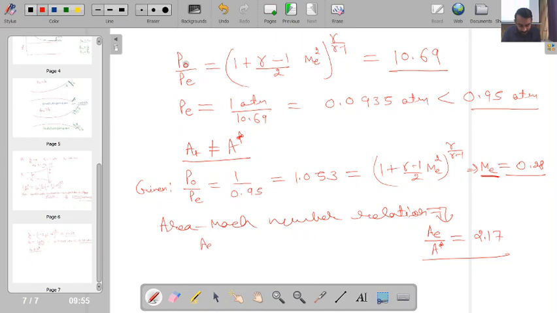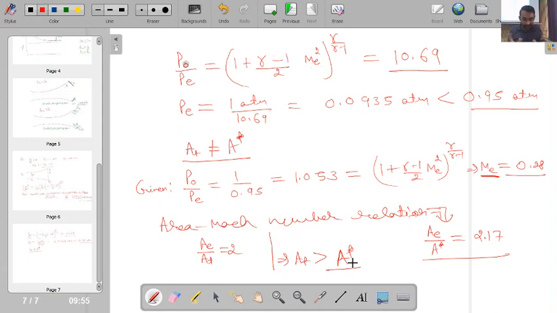But in your question it is given that AE by A throat is equal to 2. So it means that AE is the same in both expressions. This ratio is 2.17, this ratio is 2. So it means that the area of the throat is greater than A star.